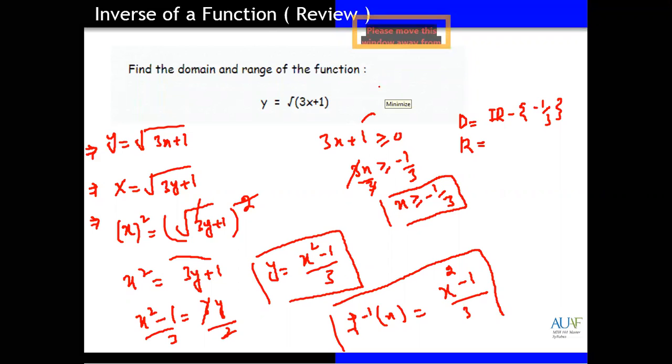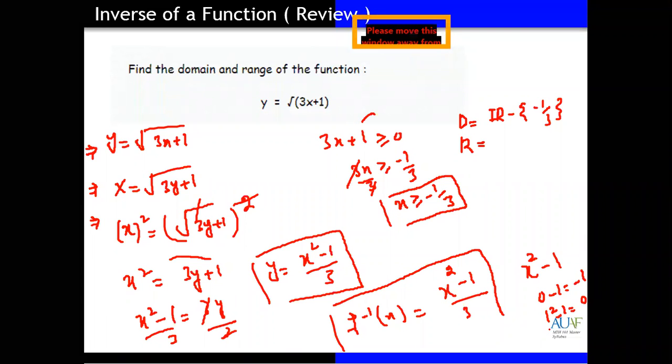Again, we have x squared minus 1 divided by 3. So you can see here this x squared minus 1. Now if you give any value to this one, you can give 0, you can give a positive value, you can give a negative value. For 0, 0 squared minus 1 equals minus 1. For a positive value like 1, 1 squared minus 1 equals 0.